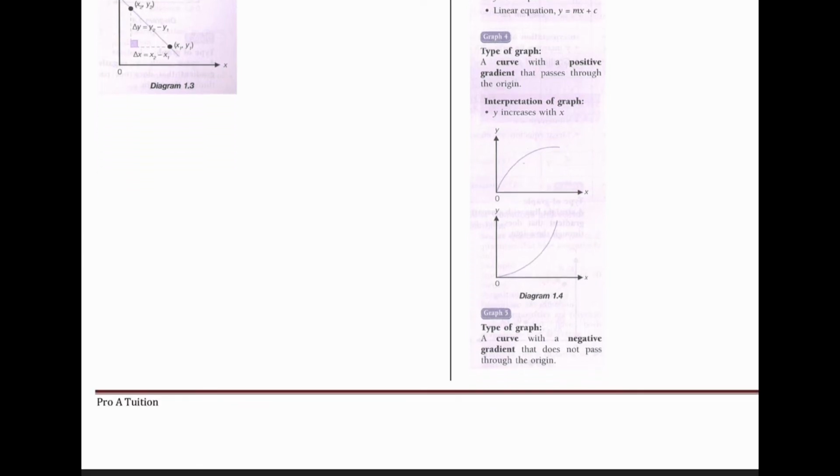We don't say it linearly because it's not a straight line. We just say increases. Okay, so increase in this way or that way. Formula, no need to know. Okay, so it's a quadratic formula basically, but no need to know.